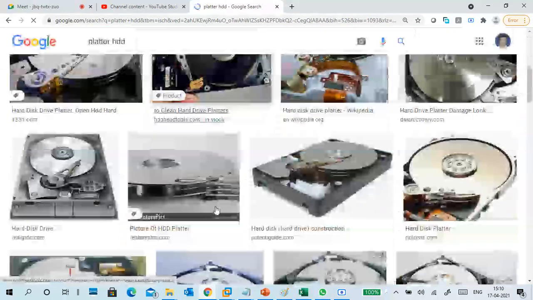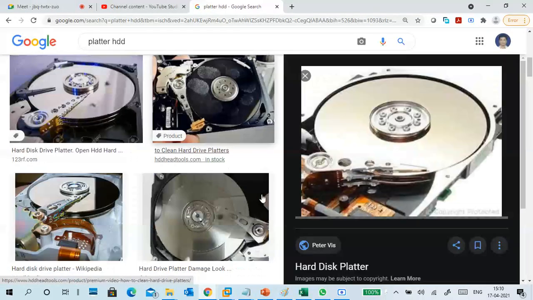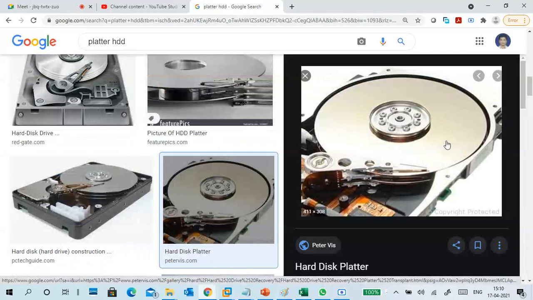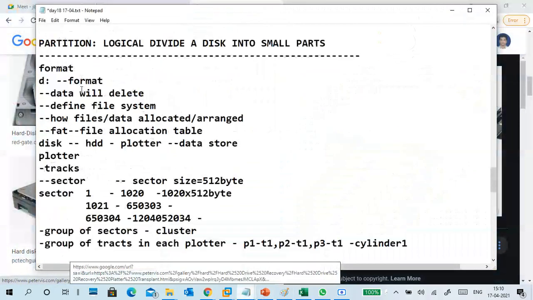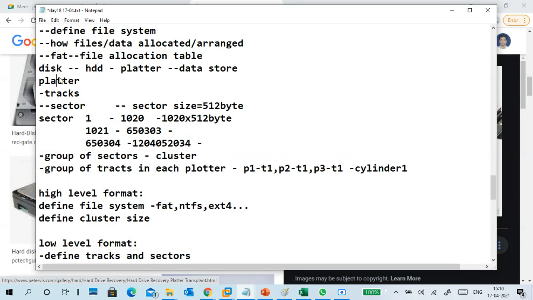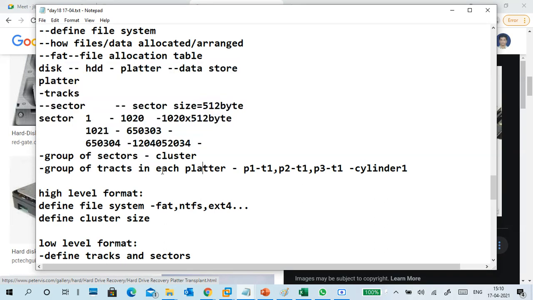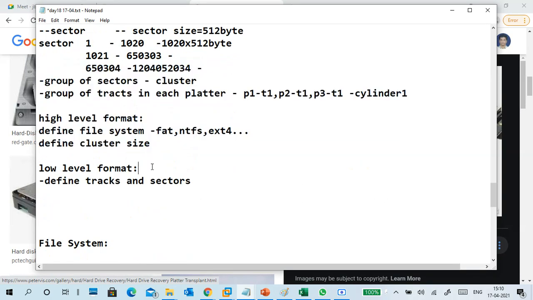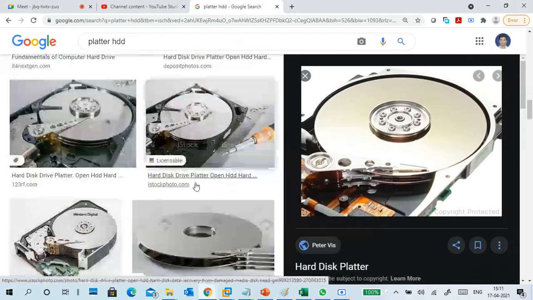I spell platter, but I typed plotter. Okay, sir, platter only. Correct. Good, thank you. Here is one platter.